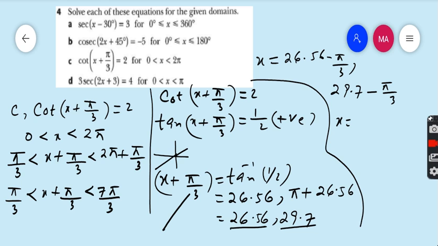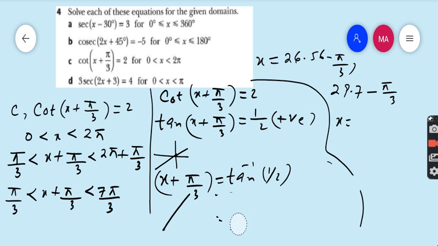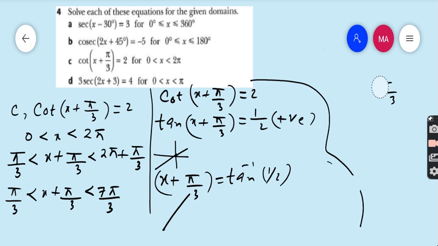Sorry students, I forgot to convert my calculator into radian mode. Though I advise you, unfortunately I didn't follow my own advice, and this is very bad. So I say sorry again.